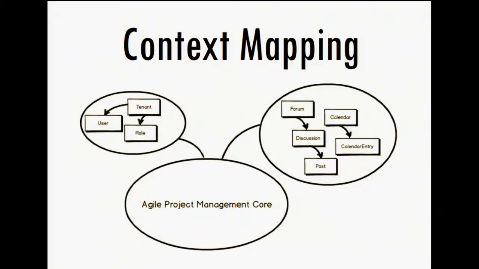For example, when it wants to know, is some user in some role, as in product owner or team member, Scrum team member or Scrum product owner, then it will take that data but anti-corrupt it because it's not going to use user and role in its own conceptual model. In its model, it's going to use product owner and team member.